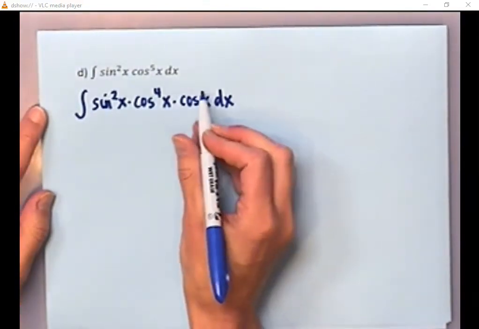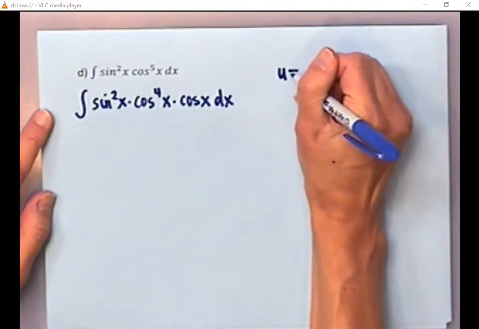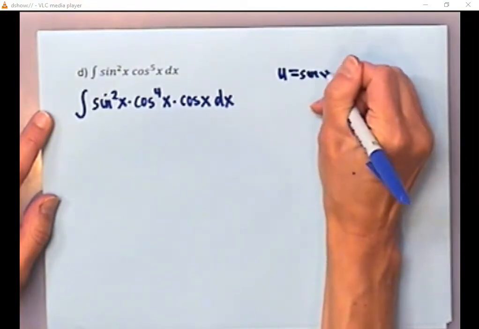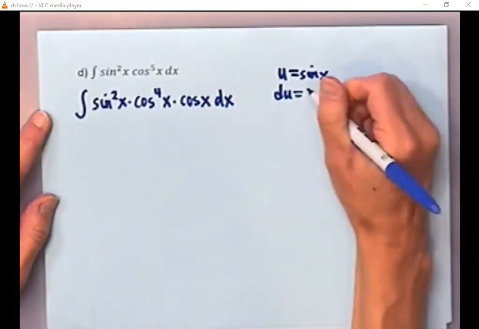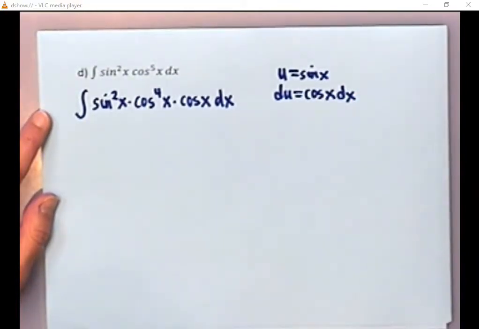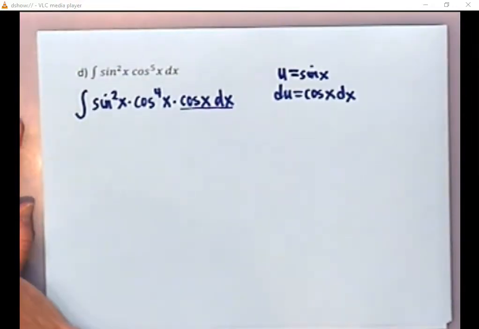So if I separate that out and I want this to be my derivative, what should I let be u in this case? What do you think? Probably the sine, right? So that du then is cosine of x, right? Does it need to be negative on this one? No. So that should match up exactly. So there's my du, right?